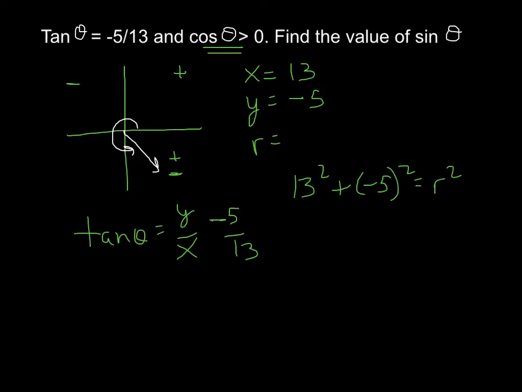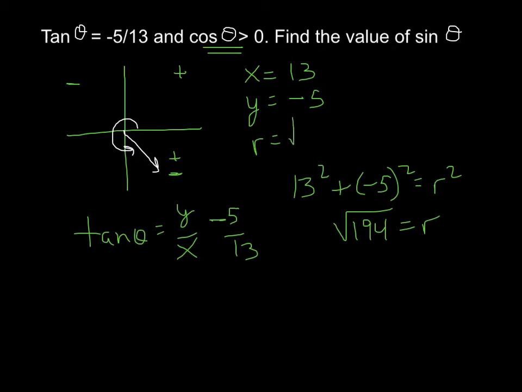So I'm going to get the square root of 194 is equal to r. And the question is, can that be simplified at all? So we need to decide, are there any perfect squares that can be divided out of that 194? If we think about any perfect squares that'll come out of there, it doesn't look like this is going to simplify at all.